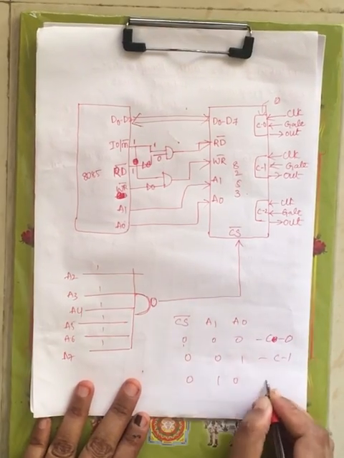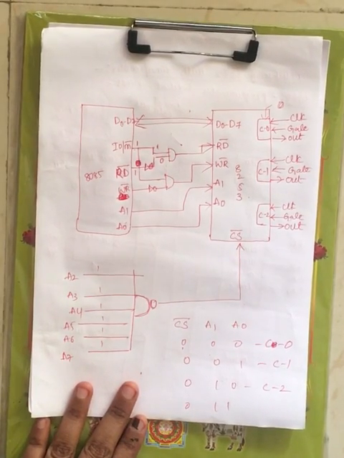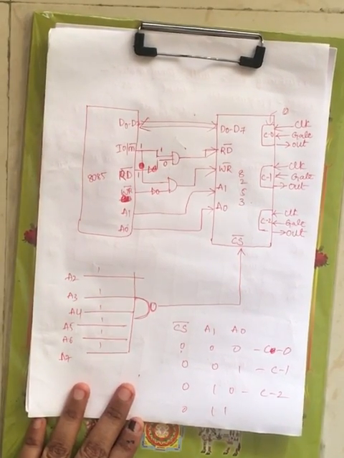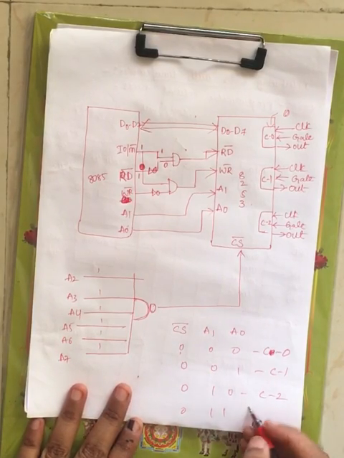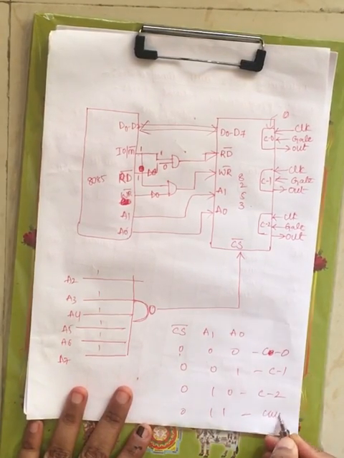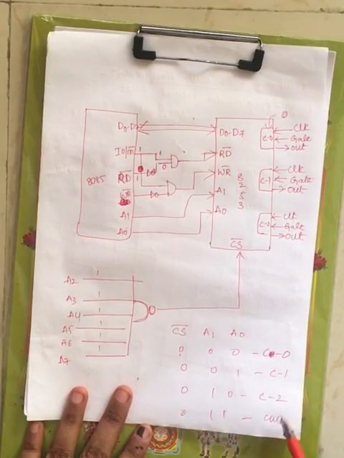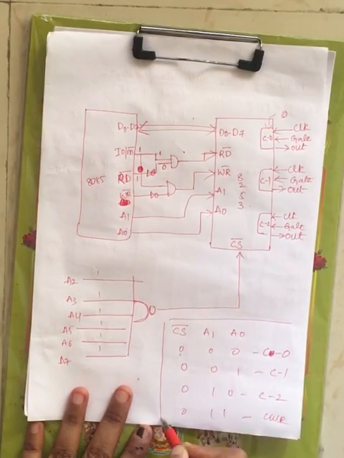For 010, counter 2 is selected. For 011, the control word register is selected. The same thing as IO port 0, IO port 1, IO port 2, control word register under your 8255. Here also the same thing.